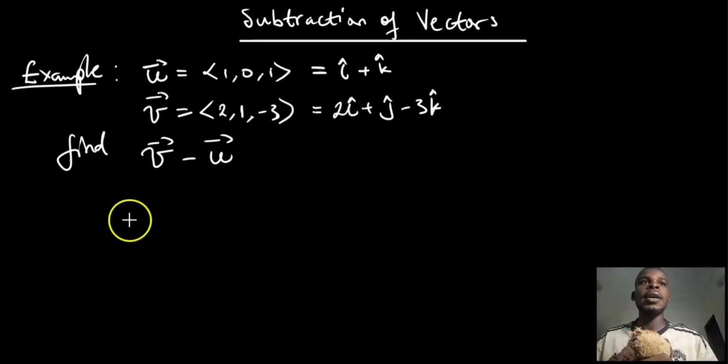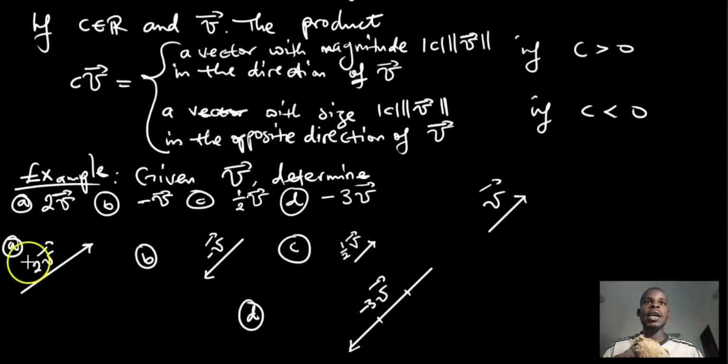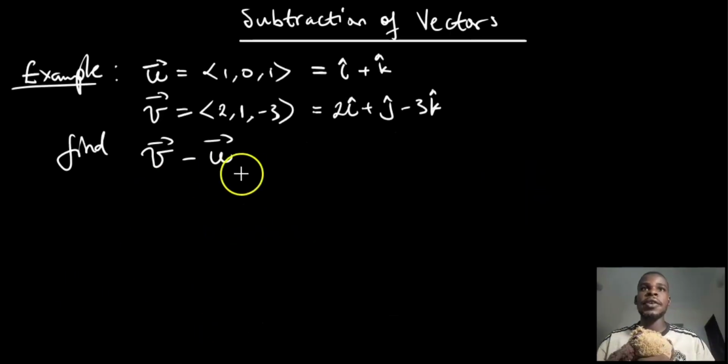When we dealt with vector addition, I didn't just move on to subtraction until we considered multiplication of a vector by a scalar. We saw that when we have vector v pointing in a particular direction, then the negative will have the same size but point in the opposite direction.